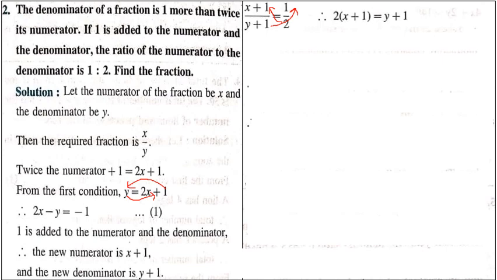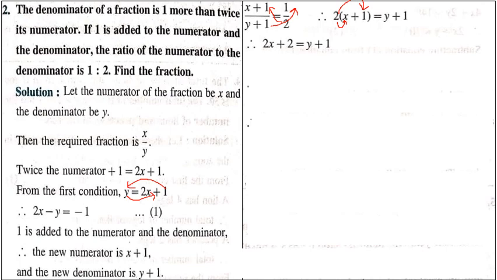Inside the bracket, we have x plus 1 is equal to 1 into any term will remain the same. So 1 into y plus 1 will remain as y plus 1. Now let us open up the bracket. So 2 into x will be 2x plus 2 into 1 is 2. y plus 1 remains as it is in RHS.